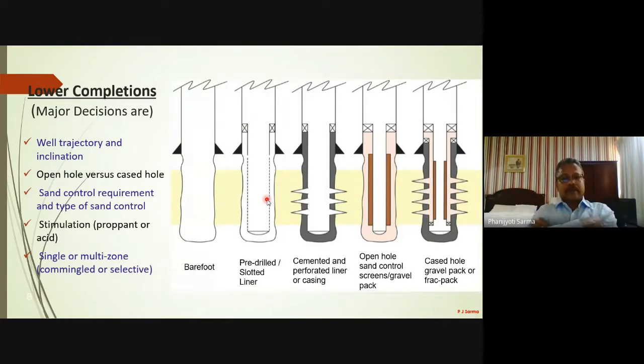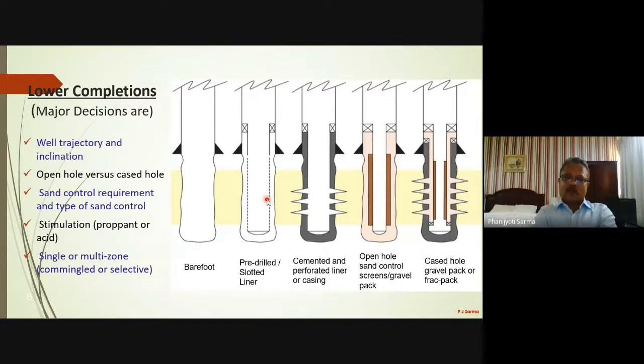The lower completion could be a barefoot completion, which is done where the formation is very solid, the consolidation is very good, or sometimes in the basement. Then the lower completion could be a pre-drilled slotted liner in order to avoid collapse of the formation. The most general completion type is the cemented completion with perforation.